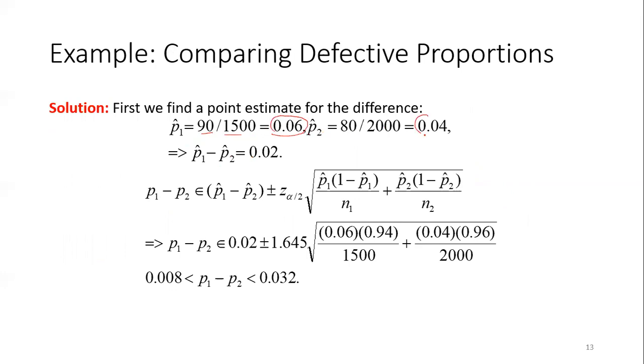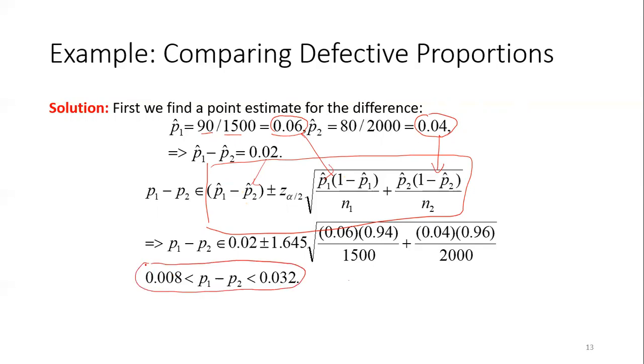P2 hat is equal to 0.02. Plugging the values into the confidence interval, P1 hat minus P2 hat is 0.04, and after making the necessary algebra, I am 90% confident that the difference between the two proportions is between 0.008 and 0.032.